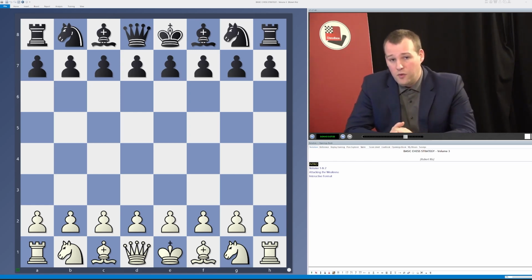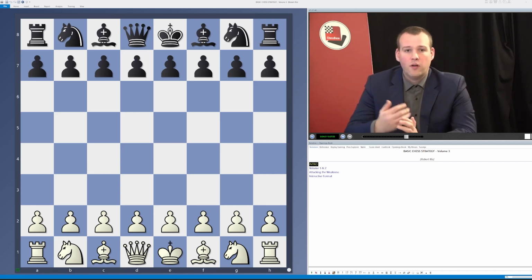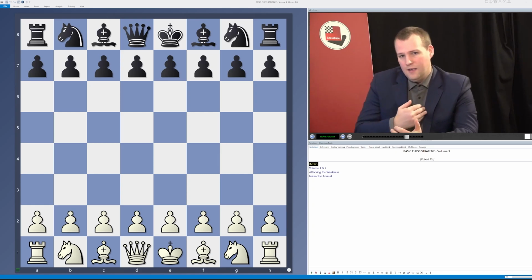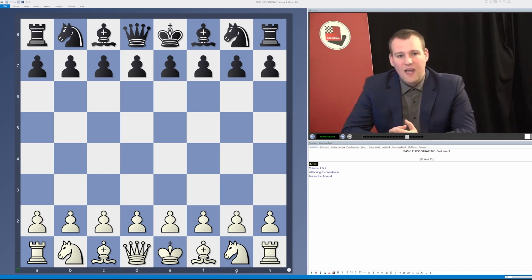It's difficult to make progress for either side. So I think the interactive format gives you more than just one puzzle. It tells a story, how the game develops and how you can further improve your position. That's the big advantage of the interactive format, and I really think that it's a very good training tool after all. So hopefully you will agree with me on that.